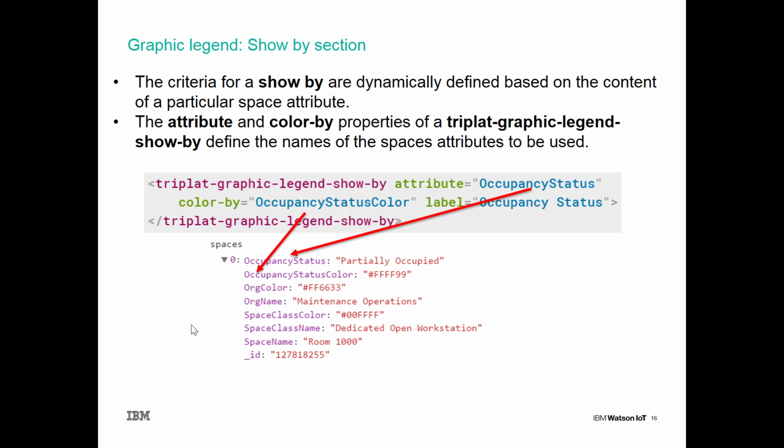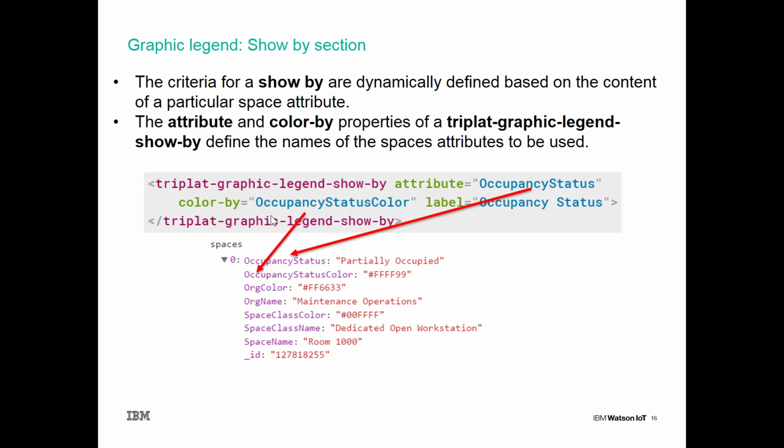The criteria lists for a show by are dynamically defined based on the content of a particular space attribute. The space attribute that will be used is defined by the attribute property of the triplat-graphic-legend show by. In this example, the attribute used is the occupancy status.